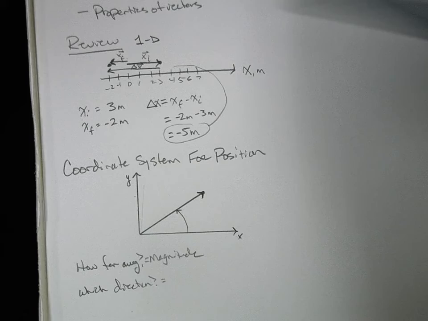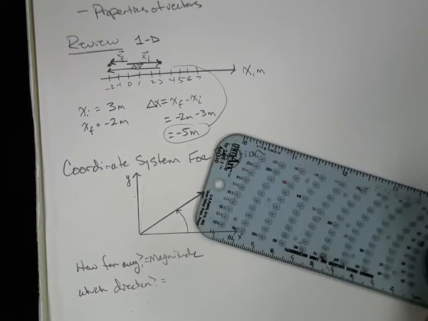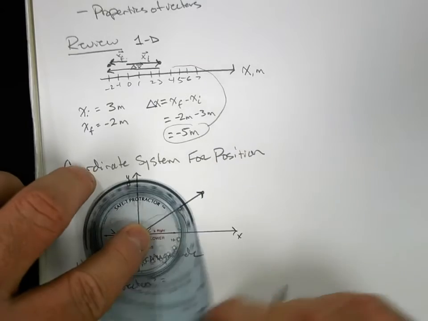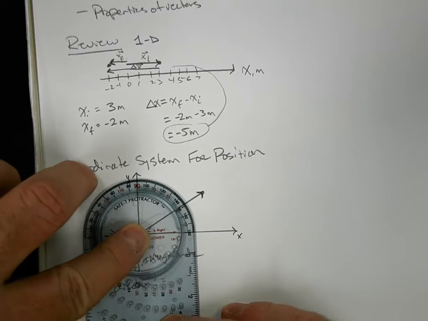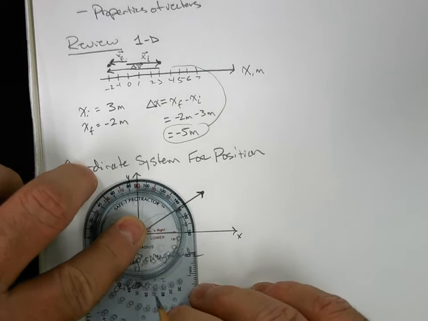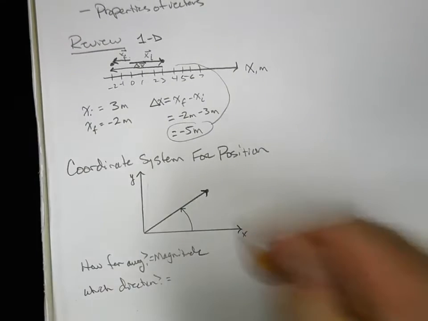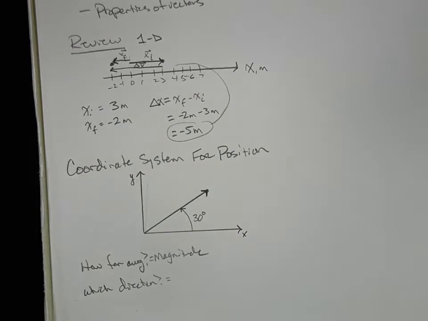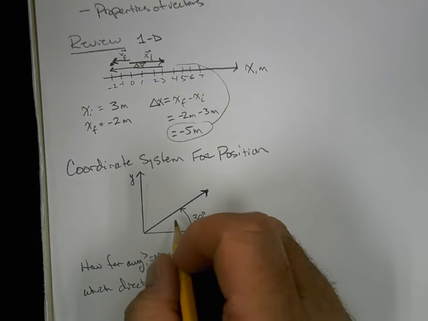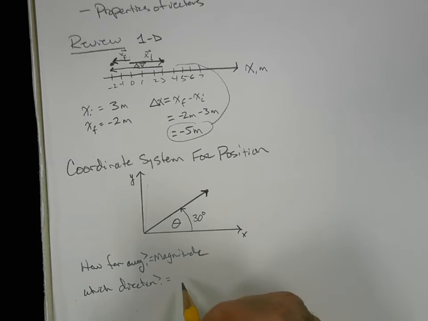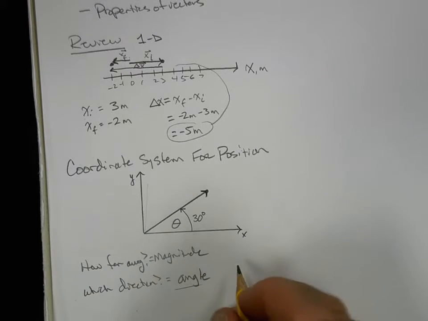I could actually measure that with my protractor, and it looks like it's about 32 degrees. I'll call it 30 degrees just for argument's sake and because it's a nice trig number. We call this theta, and imagine this would be the angle, or our reference angle.